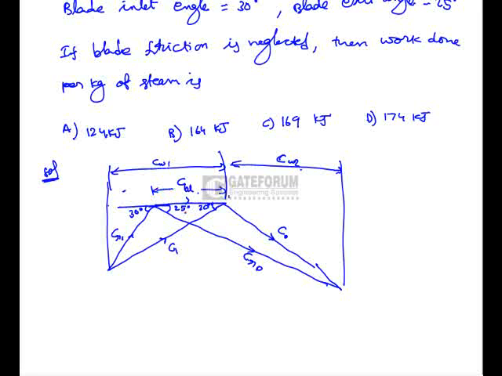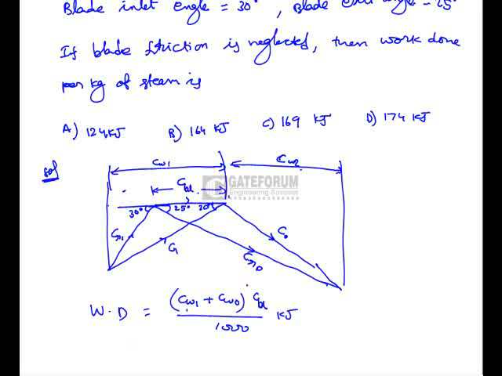So the total tangential component equals CW equals CW1 plus CW2, and work done per kg of steam is given by CW1 plus CW0 into C blade by 1000 in terms of kilojoules, where mass flow rate is 1 kg. So here we'll have to find out CW1 and CW0 first.